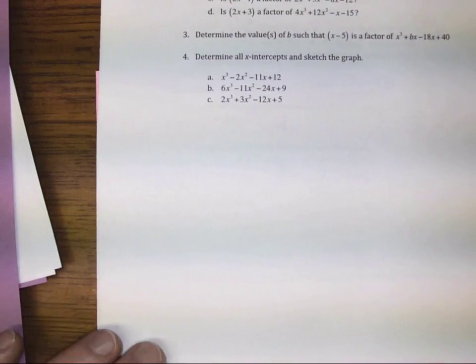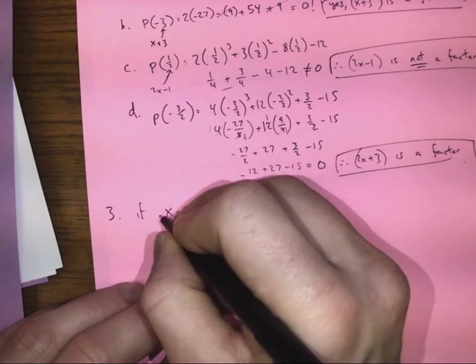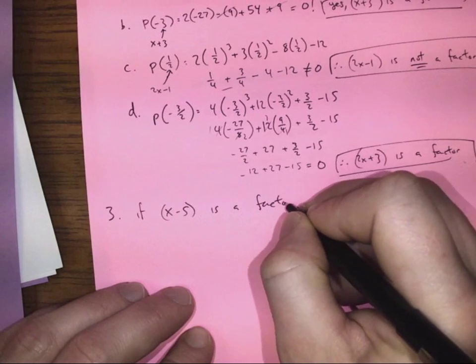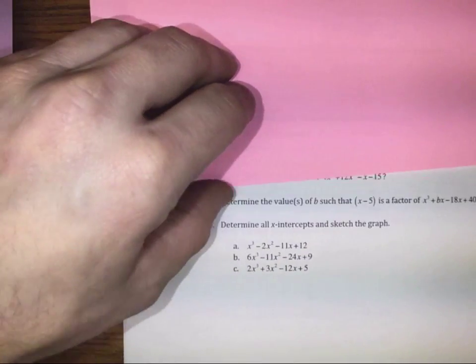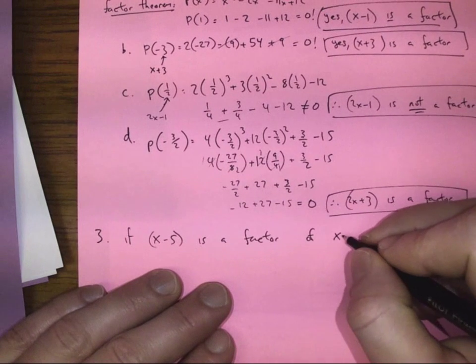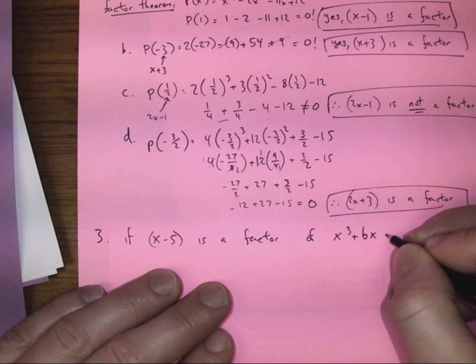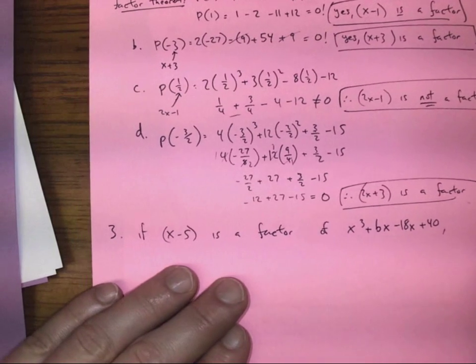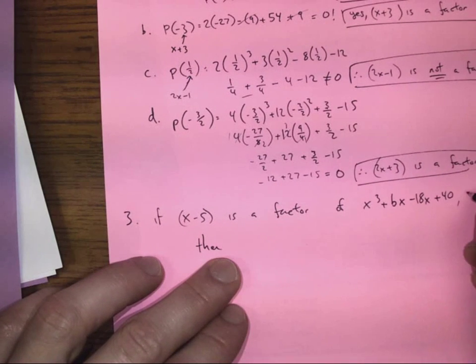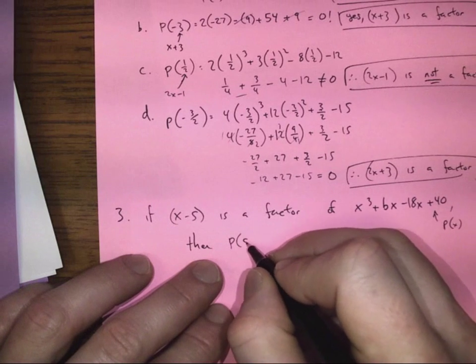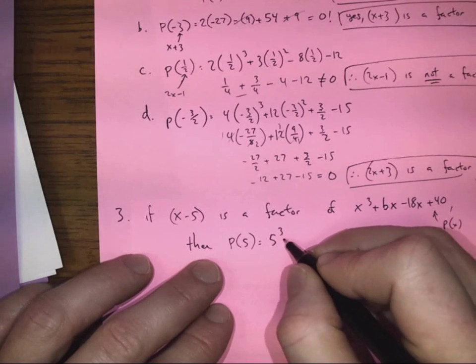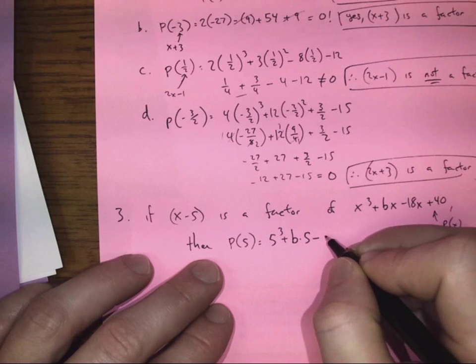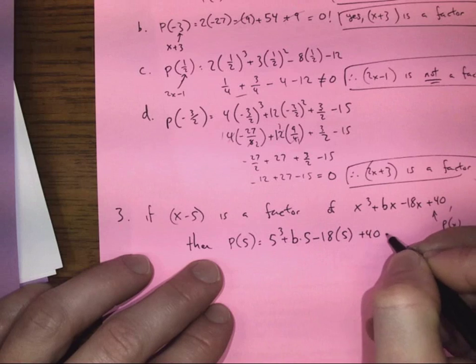Let's write this: if x minus 5 is a factor of x cubed plus bx minus 18x plus 40, and we call that p of x, then p of 5, which is 5 cubed plus b times 5 minus 18 times 5 plus 40, should equal 0.